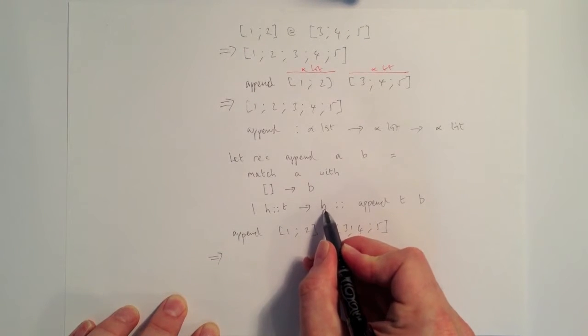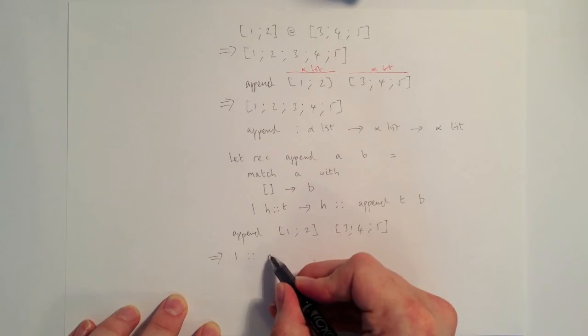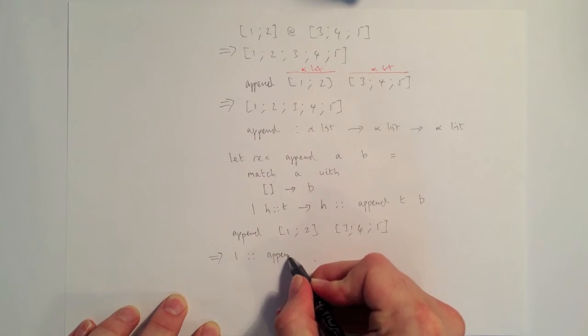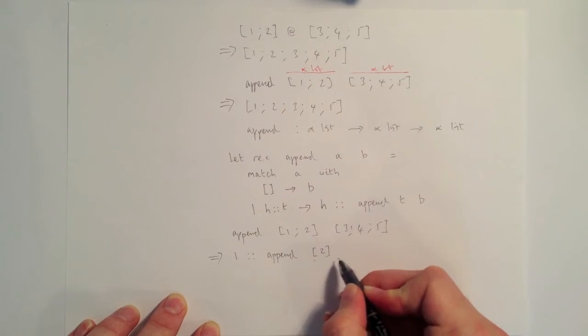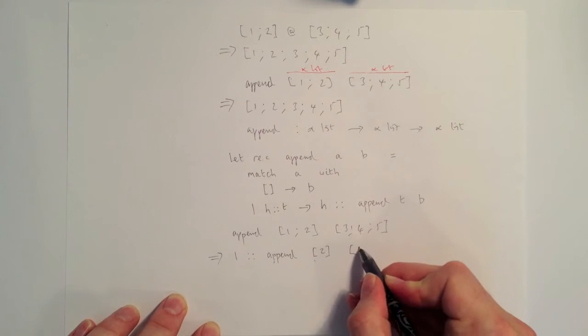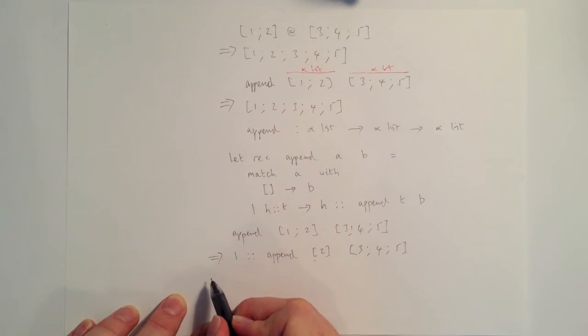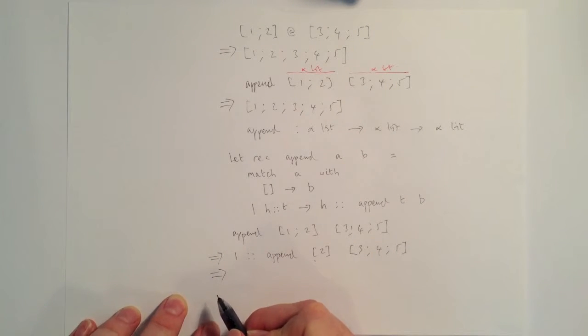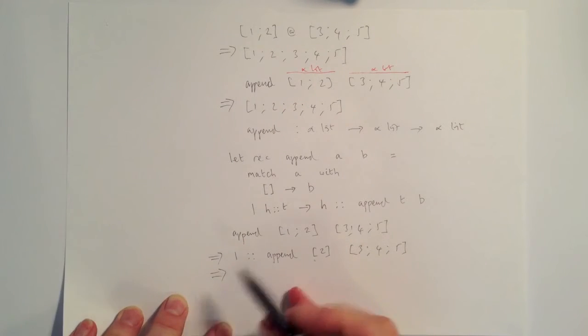So we're going to put the head, which is 1, first, and then we're going to call append again on T. T here is the list just containing 2, and B is unaltered. Well, what happens next? Again, it's not the empty list, it's not the base case, so we do this again. In our example now, H is the integer 2, and T is the empty list.